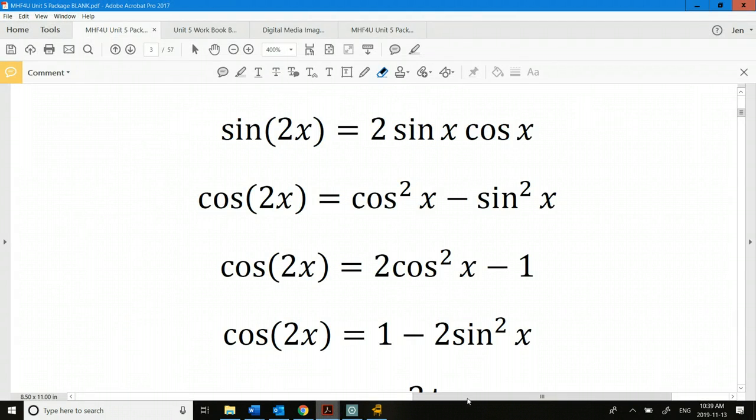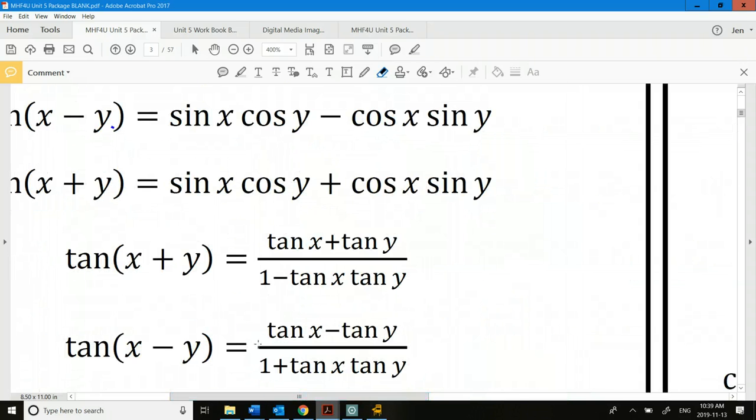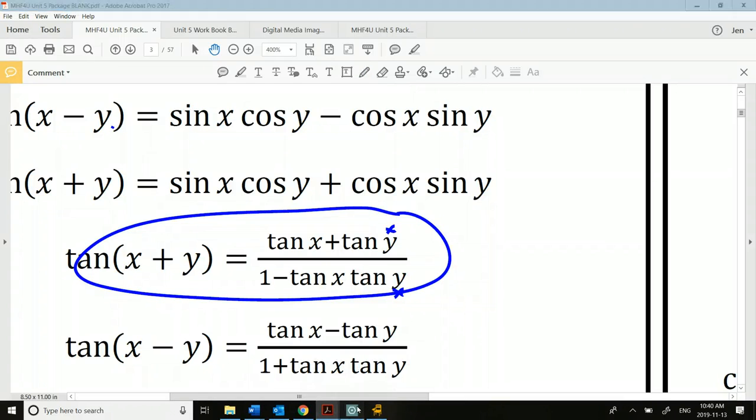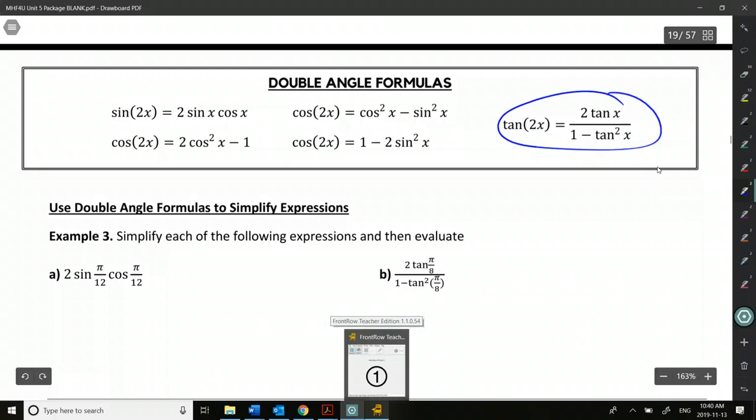So if I go to my identity sheet and use the tan addition formula and plug in tan x plus tan x over 1 minus tan x times tan x, I'm going to get tan x plus tan x, which is 2 tan x on the top, over 1 minus tan squared x. So that's where this one comes from.